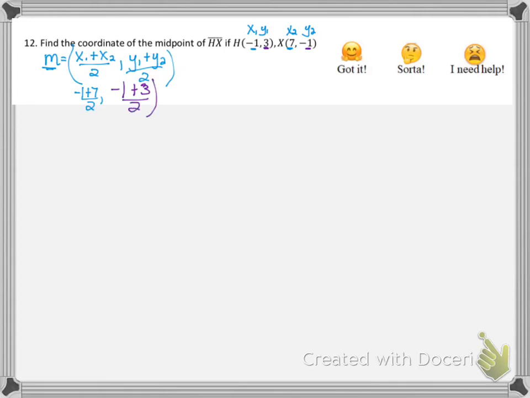The order doesn't matter. The only time that order matters is if we're dealing with slope, and we haven't gotten to that part yet. We will, but not yet. Negative 3 plus 7 is 4, so it's 4 over 2. And negative 1 plus 3 is 2, so it's 2 over 2. So my midpoint is going to be 2, 1.